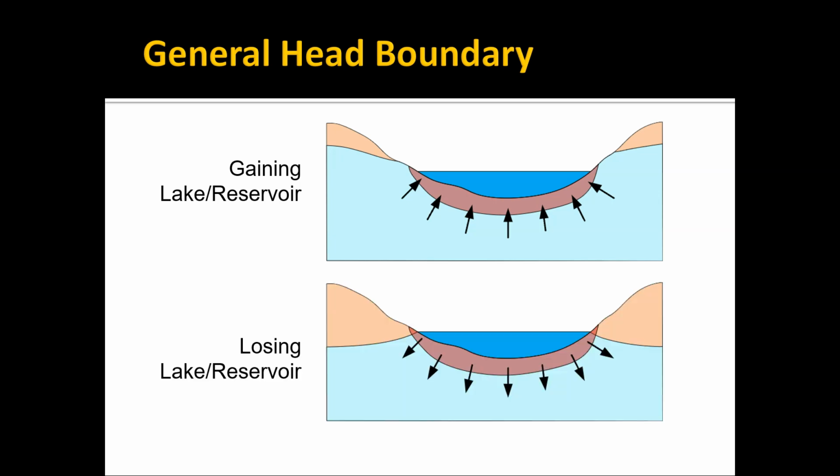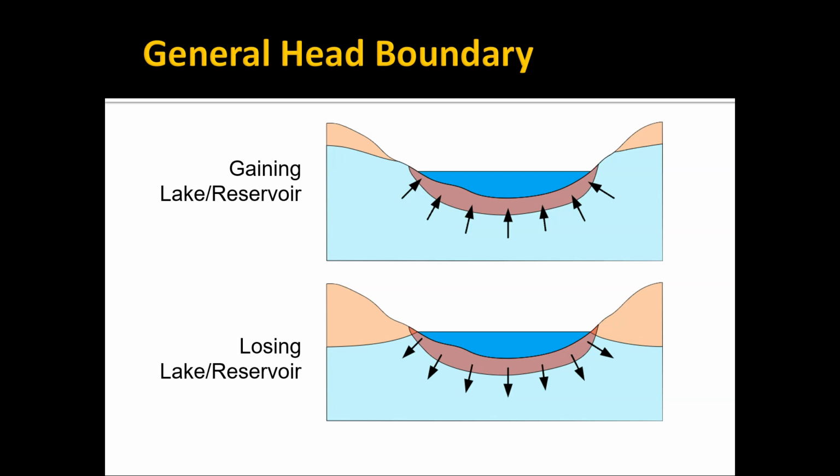Or if the water levels in the aquifer are lower than the stage in the lake, then water drains from the lake through the lake bottom sediments into the aquifer. There's no disconnection here. It's always connected. The assumption is that it's a really big and strong source, and so that everything remains saturated.